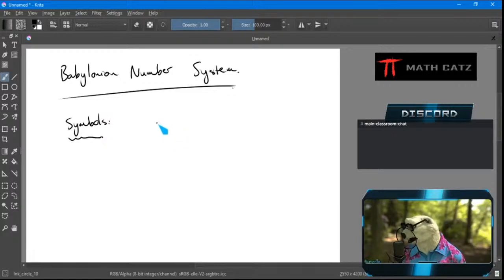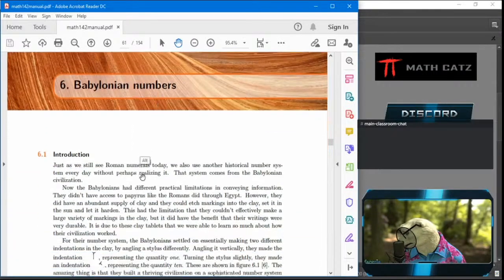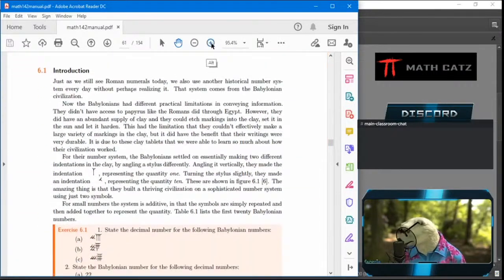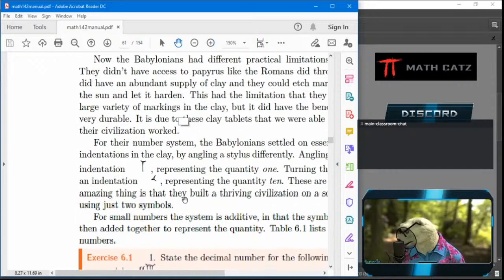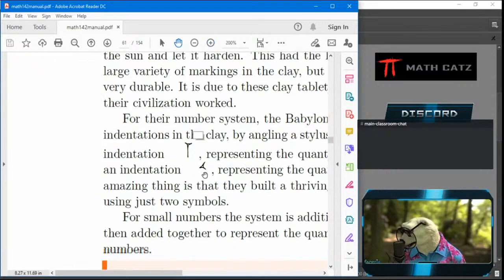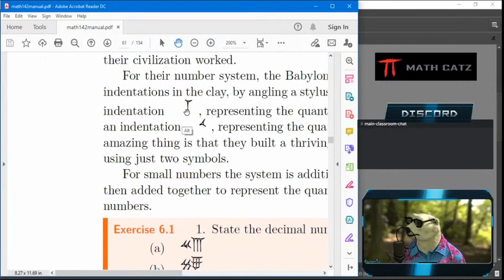So to represent 1, they made a little indentation, a little flag-like symbol, right? You can try and copy the font I have here. This is the font that you'll see in the book, the only one I could find, sort of trying to represent that indentation that you could get in the clay, just a little vertical line.